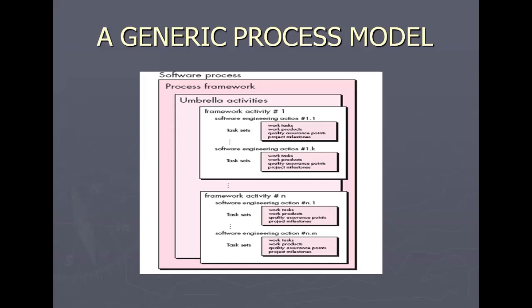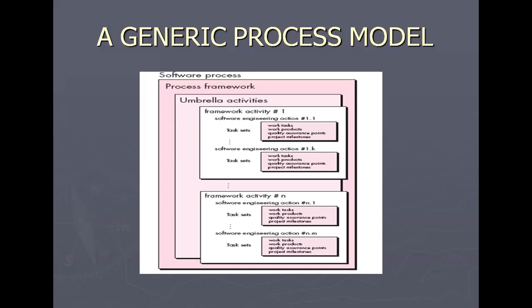A process framework establishes the foundation for a complete software process by identifying a small number of framework activities that are applicable to all software projects, regardless of their size or complexity. In addition, the process framework encompasses a set of umbrella activities that are applicable across the entire software process.